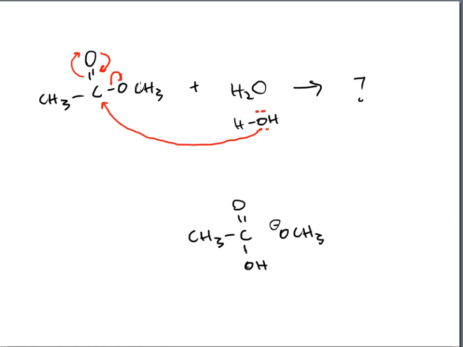So that completes the mechanism of the reaction. So here we have a C double bond OOH. So I know that this is a carboxylic acid that we have generated yet again. So I should be able to know how to name these. And then this OCH3 group, folks, what's going to happen to this?